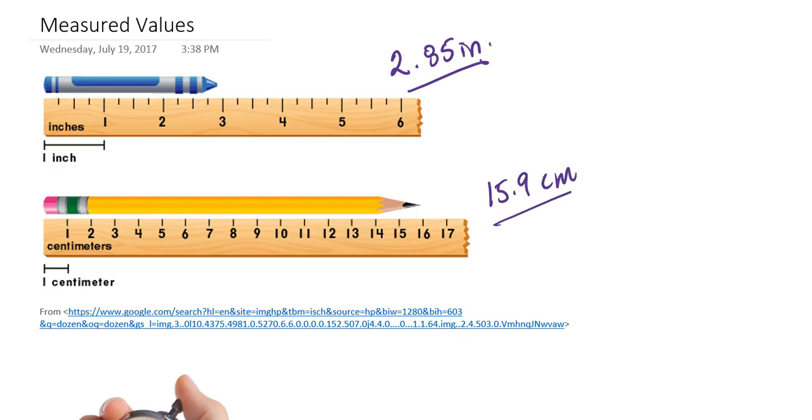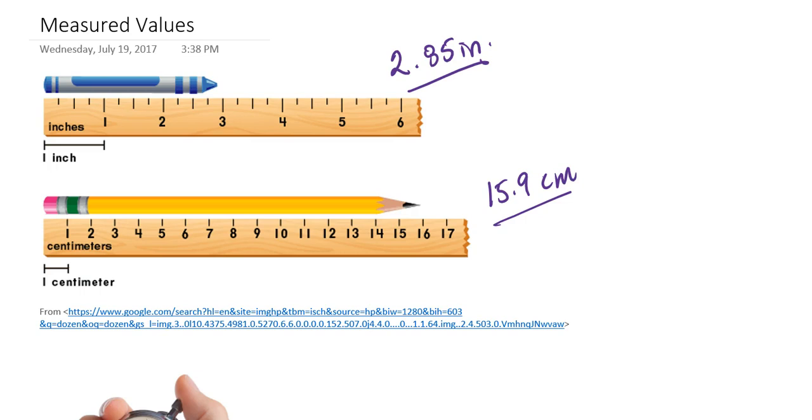But if any of you were actually making the same measurement, you might disagree with me slightly. Maybe you would think that this particular crayon actually is closer to 2.90 inches, or maybe this pencil is exactly 16 centimeters. Because there is some doubt as to the exact value of the length of each of these items, then basically these are uncertain values.